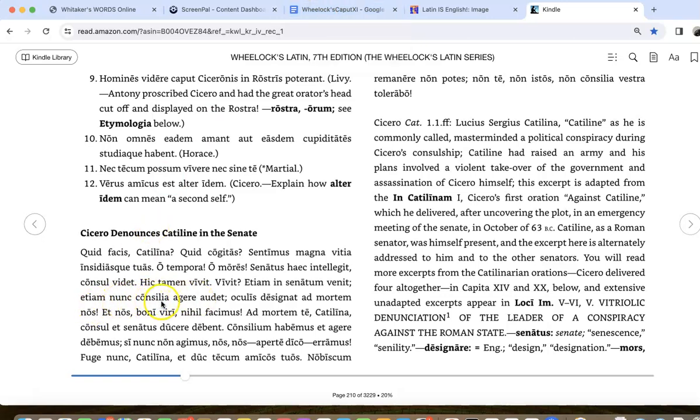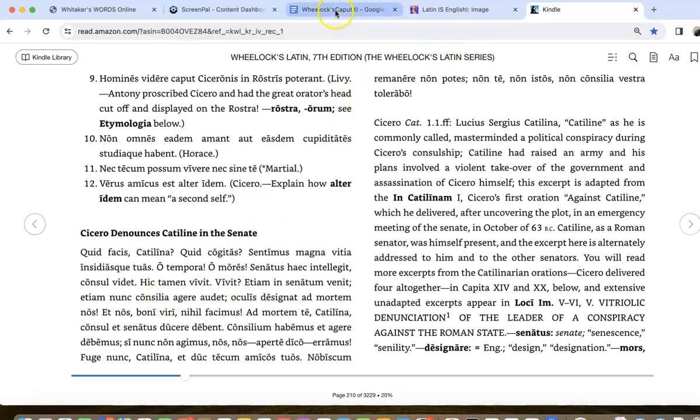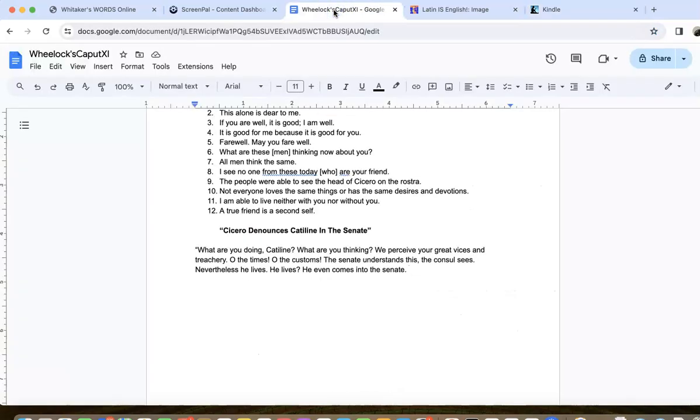Also now plans, he dares. So even now he dares to carry out his plans. So as I said, this one's a little bit tricky. This is one of the more demanding texts we've had so far.